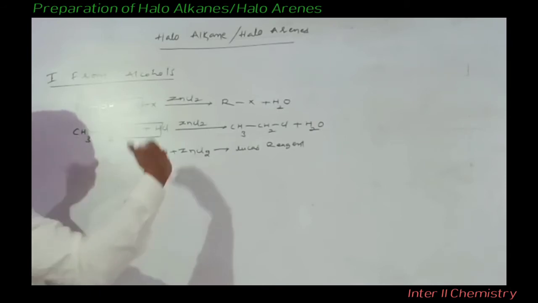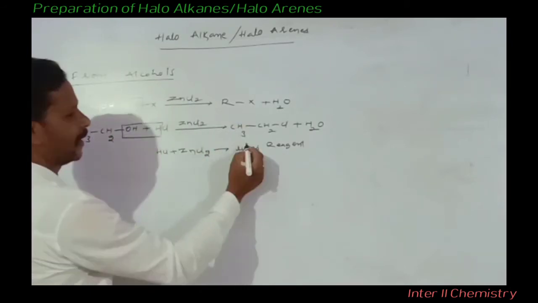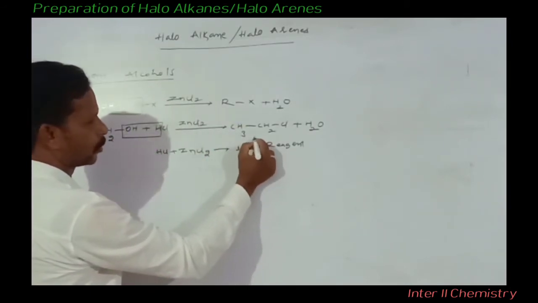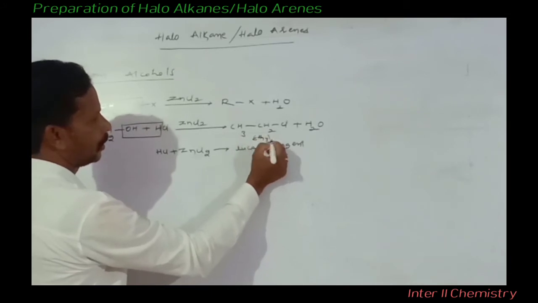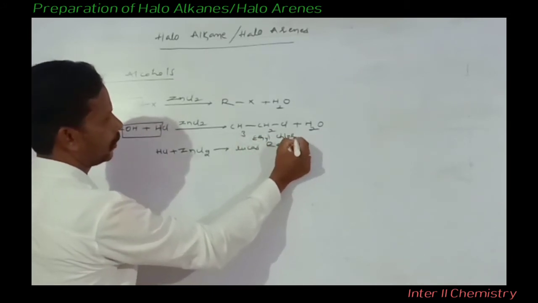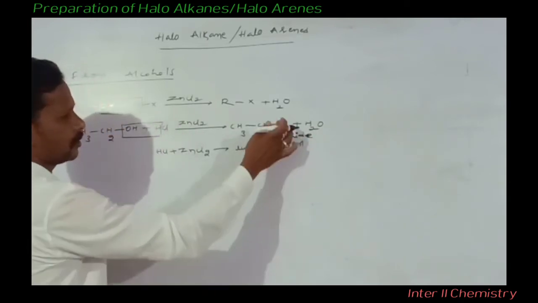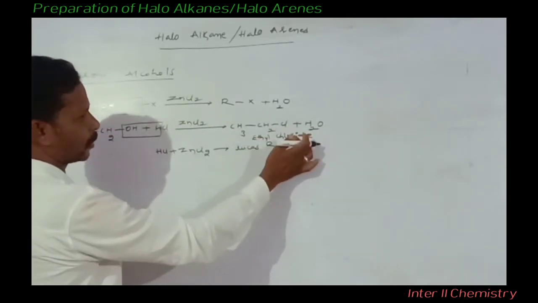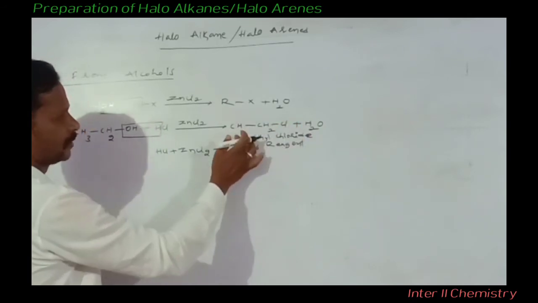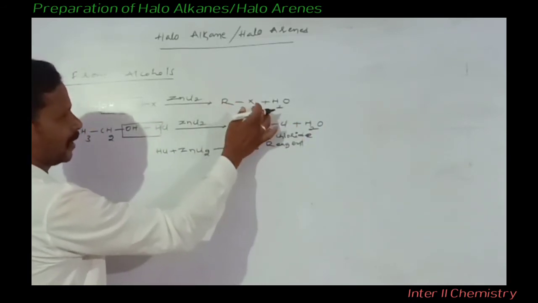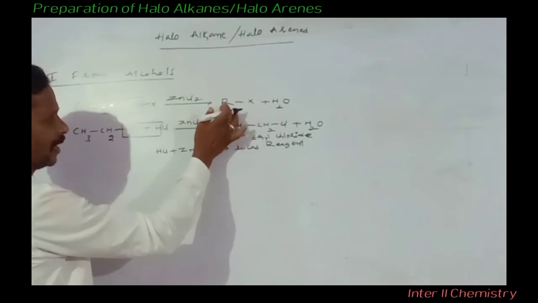In this reaction we are preparing the alkyl halides. So this is ethyl chloride, the common name. The IUPAC name is chloroethane.